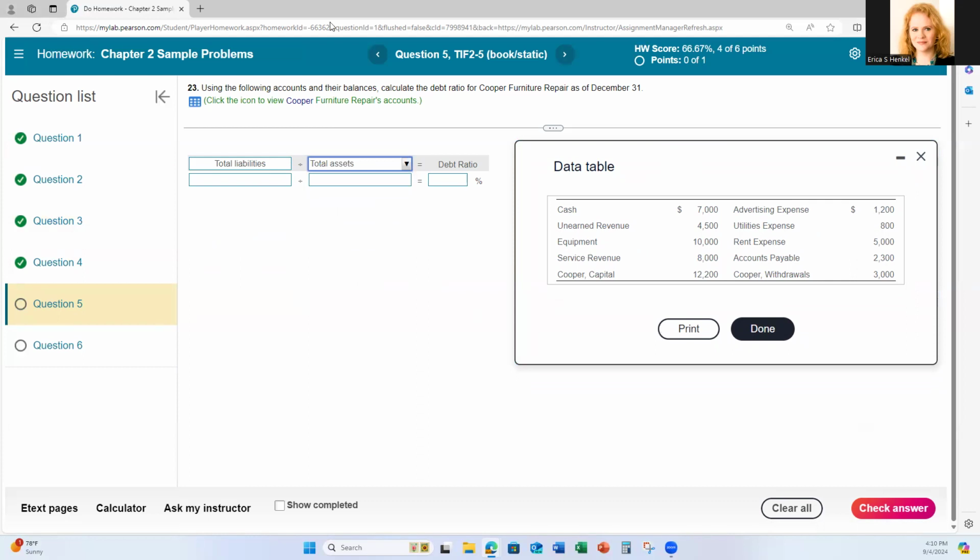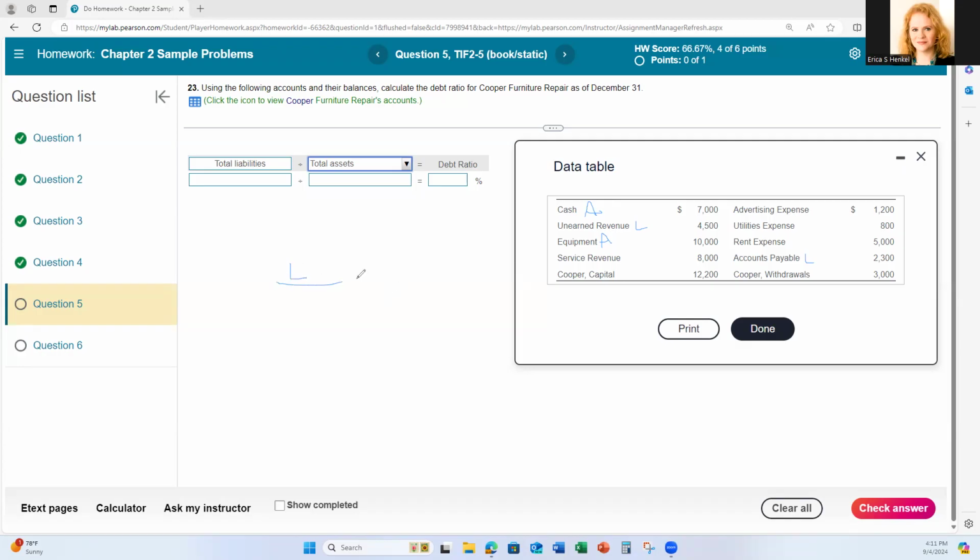So what we need to do here is figure out which of these are either assets or liabilities. Just like in our previous problem, cash is an asset, unearned revenue is a liability, equipment is an asset, revenues, equity, equity, equity, equity, liability, and equity. Those are the only 4 accounts that we care about.